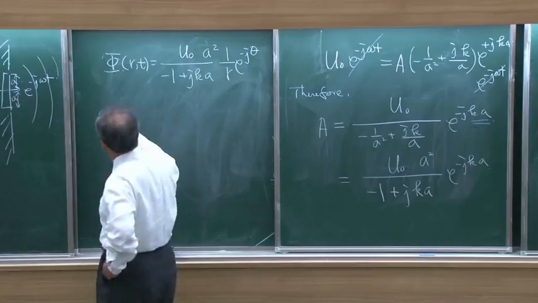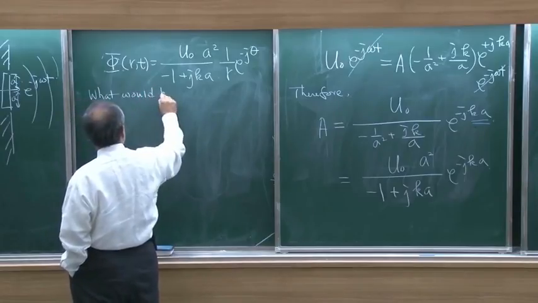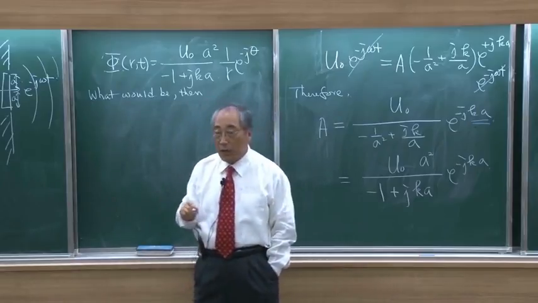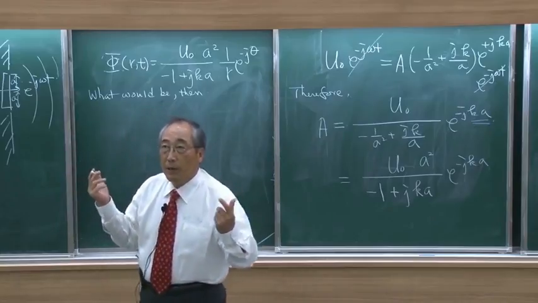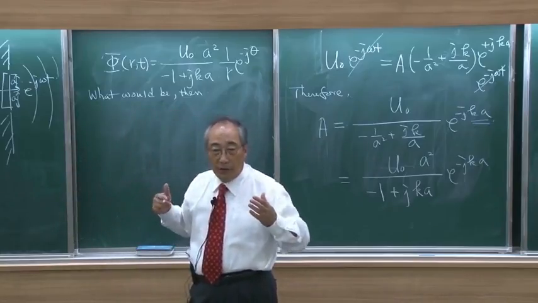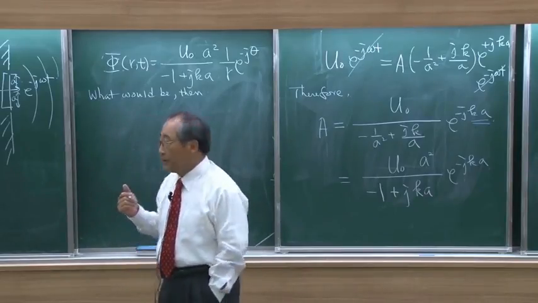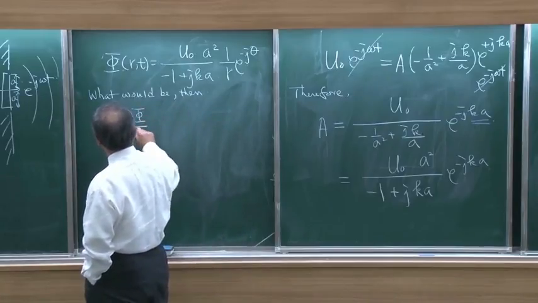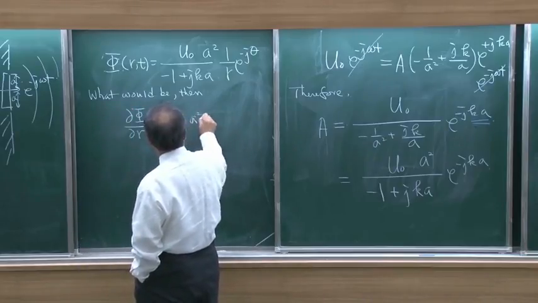Okay, what would be then the velocity in r direction? Okay, let's try to do it. I hope everybody is following me. I mean, this is the least derivation you have to do in acoustics. So what is the dphi dr? Okay, that will give me u0 a square, and I have minus 1 plus jka.